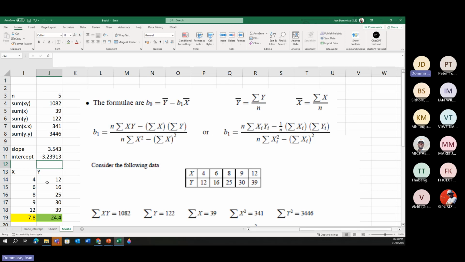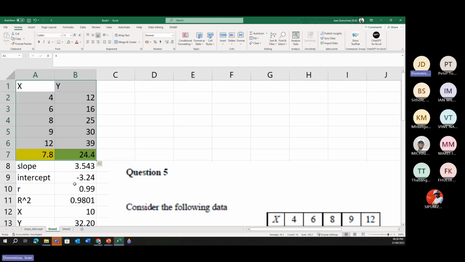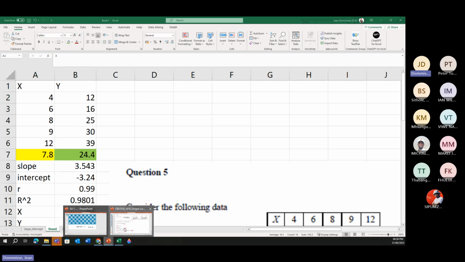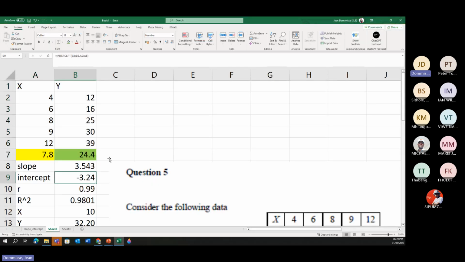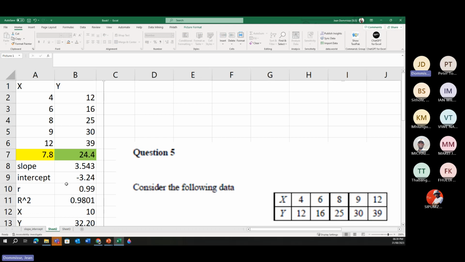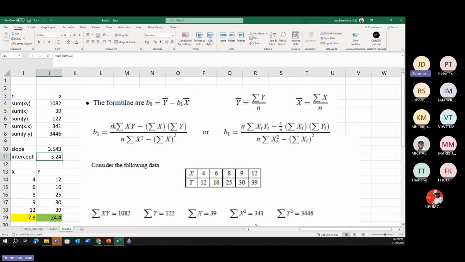Okay, and then we get the minus 3.24 as well. So obviously that was written wrong. They probably changed something, but now we've proved it with the other functions as well. If you look at this with the formulas, the slope and the intercept were exactly the same.